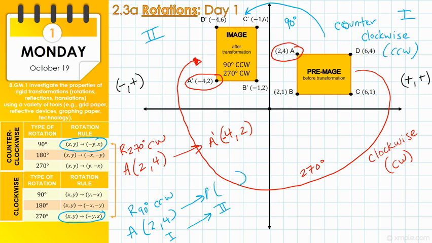I know that for A prime, my X and Y coordinates switch. 4, 2. What are the coordinates in quadrant 2? Negative, positive. So my 4 has to be negative. This is how we rotate images with their appropriate coordinates.